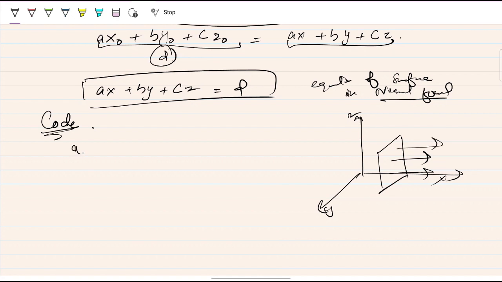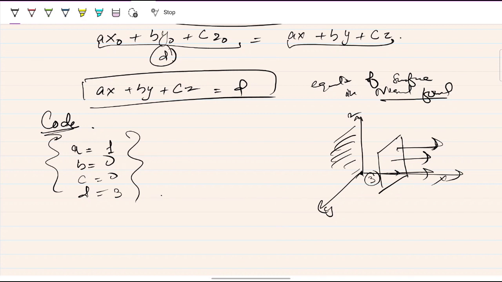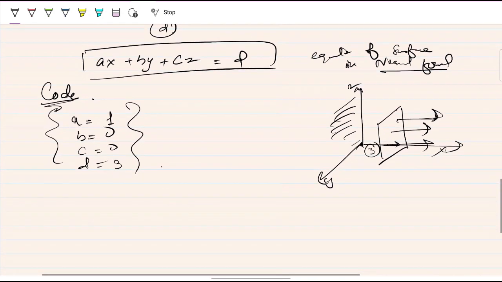So the a here would be, let's say a is equal to 1, 2, 3, you can put it anything. Let's put positive 1. B, since it's parallel to yz plane, b is equal to 0, c is equal to 0. Let's put d, from origin, let's say d is equal to 3. Okay, you got your inputs for one plane.